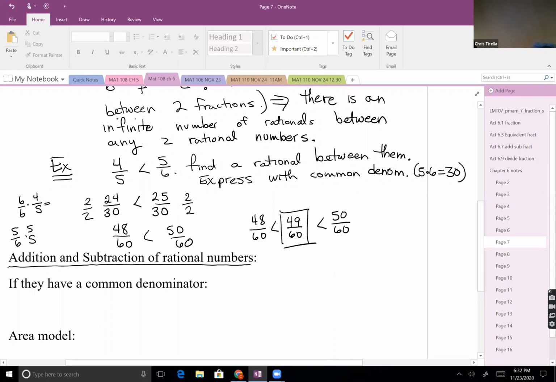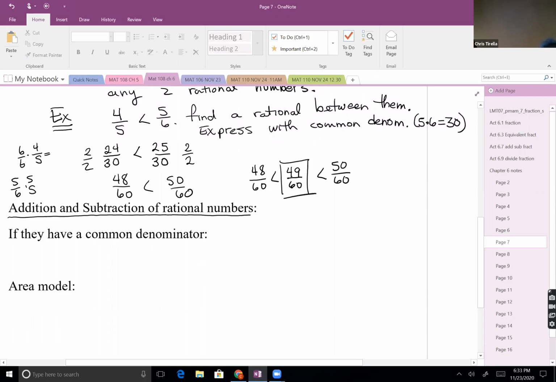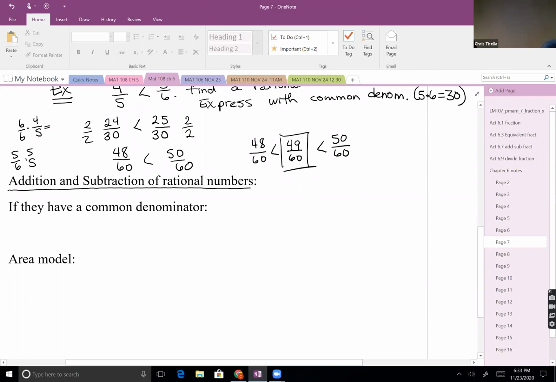And so after we look at that density property, the next place that the author goes in the textbook is the idea of addition and subtraction of rational numbers. And so if they have a common denominator, let's say I have 2/5 plus 1/5.